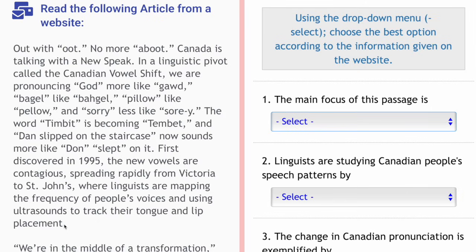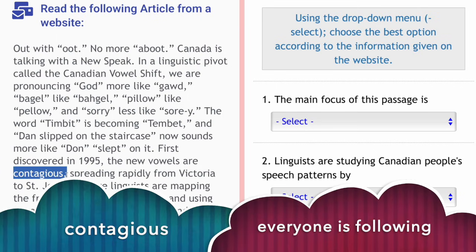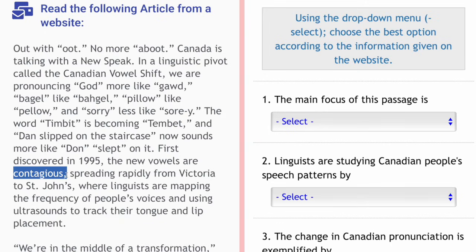Very interesting. So it's saying that this is spreading everywhere and contagious, right? Everybody is catching on with it. Everyone is catching it, contagious like a virus. Okay. Very interesting.